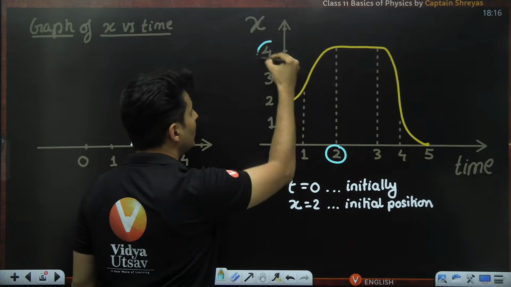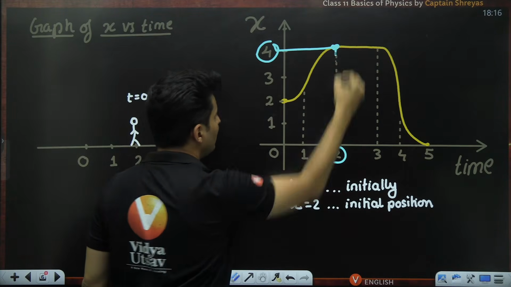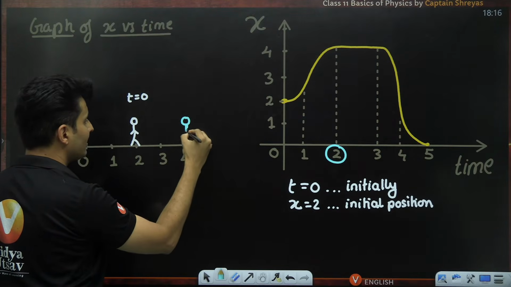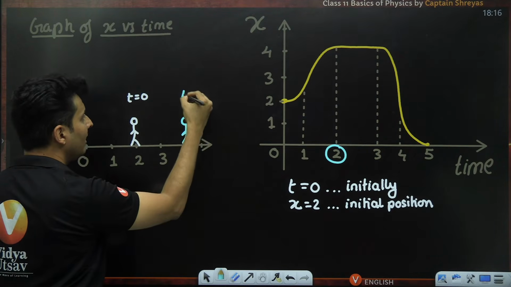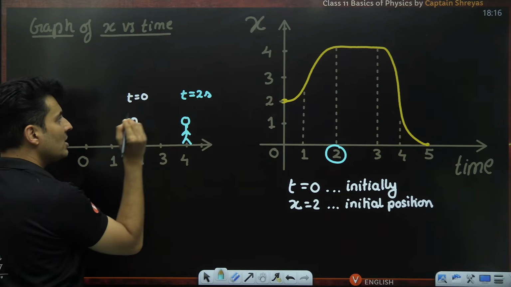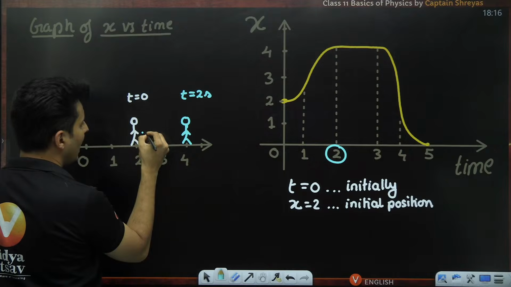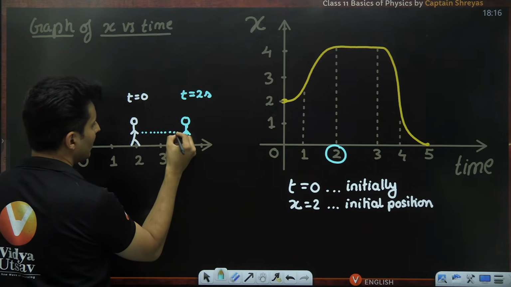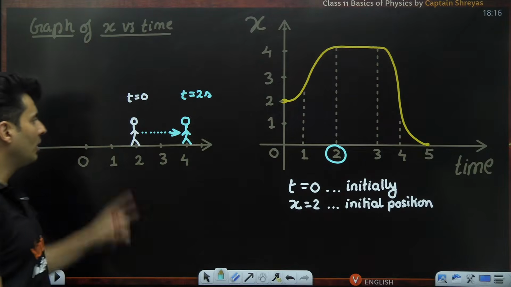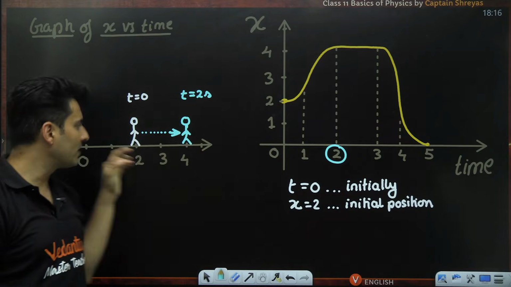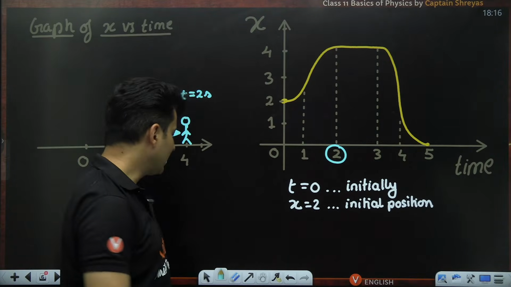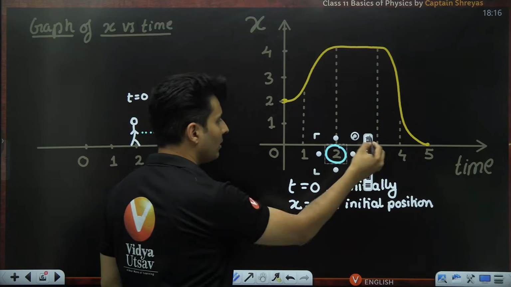At time t equal to 2, the position was 4 meters. So that person was over here when the time was 2 seconds. So from 0 to 2, that person has moved like this. Are you able to visualize this? So from 0 to 2 seconds, that person went walking till 4 meters. That is what I got to know till this particular point.